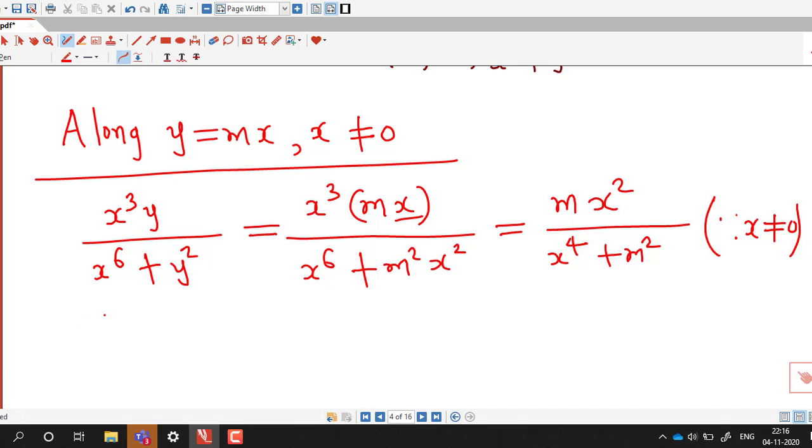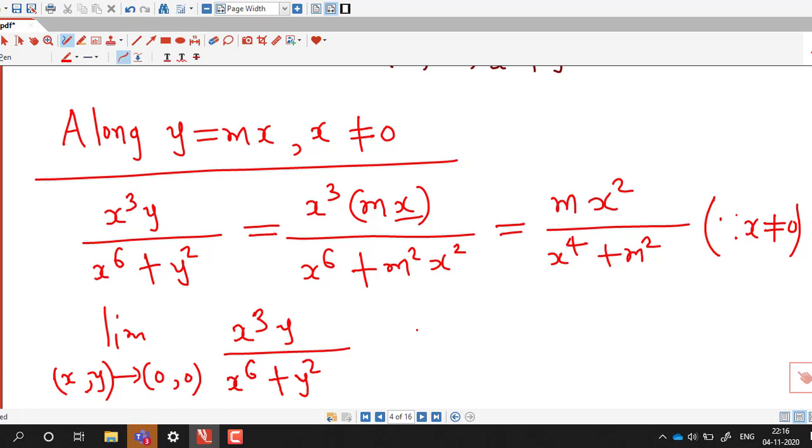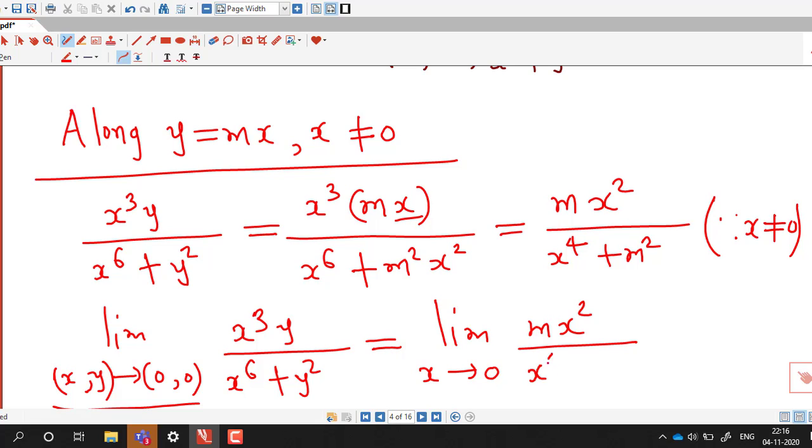So if we take limit (x, y) tends to (0, 0) along this path, line passing through origin, then we are converting y in terms of x. So this is equivalent to writing limit x tending to 0, and our function is mx square over x raised to 4 plus m square along this path.